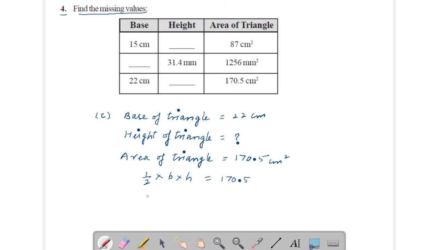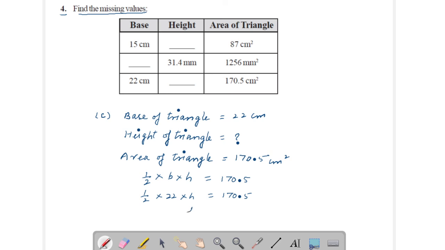Here put the value of base, you will get 1 upon 2 into base is 22 centimeter into height equal to 170.5.